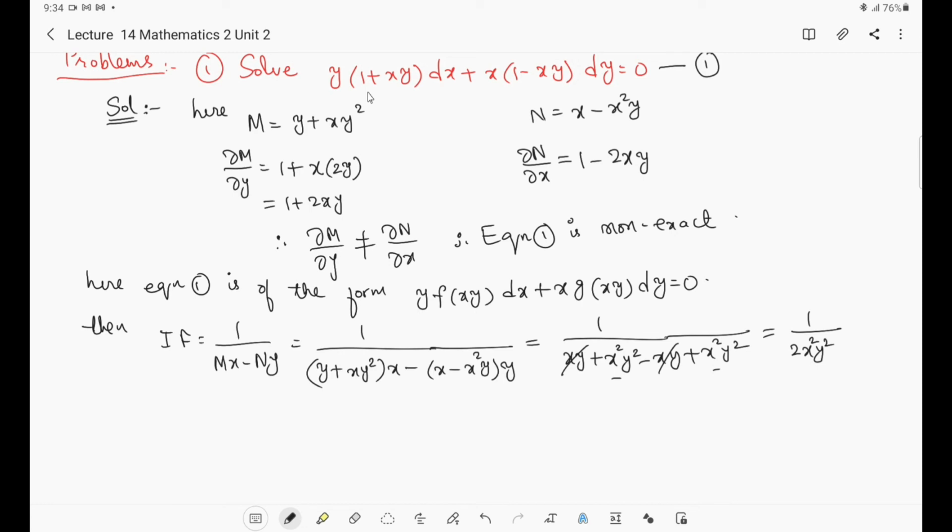So now integrating factor into equation 1. What will we get here, let us see.